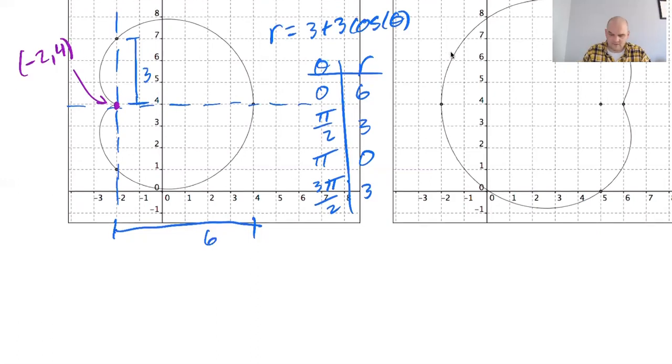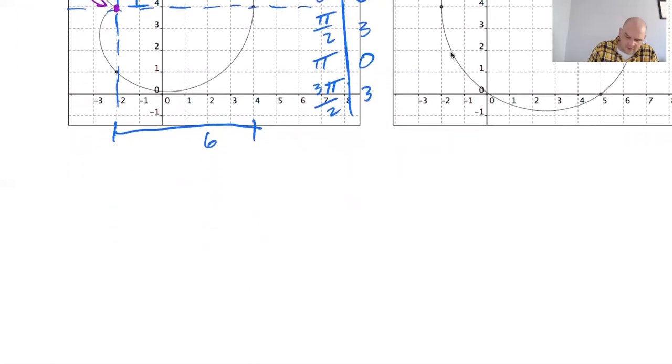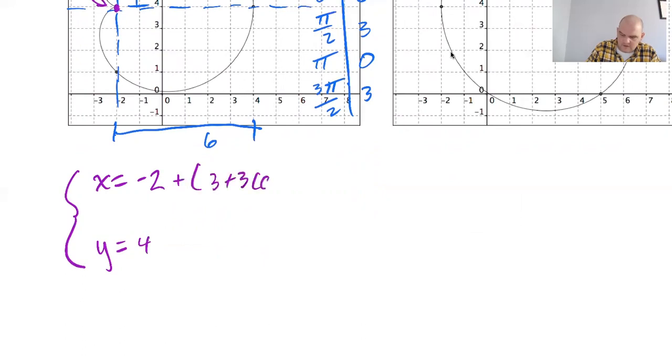And so we can write our equation. So it's going to be x equals, y equals, so we said -2 and 4. Oh yeah, -2, 4, sorry. I was looking at the wrong thing there. And then plus quantity, 3 plus 3 cosine theta, and then cosine theta.